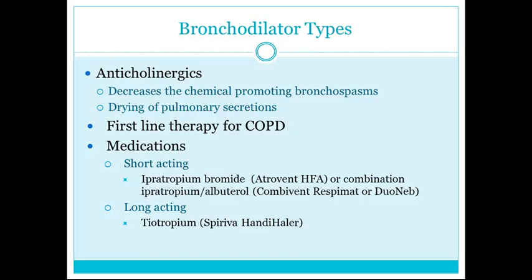Bronchodilator types, so the second type, the A in the BAM, is the anticholinergics, which decrease the chemical promoting bronchospasms. Anticholinergics cause a drying of all bodily secretions, and in this case we are drying the pulmonary secretions. This is typically the first-line therapy for COPD.